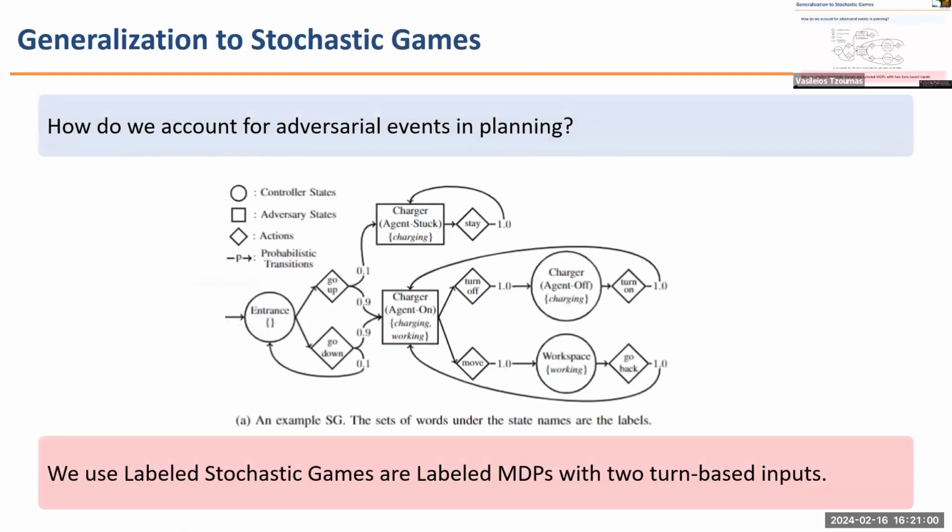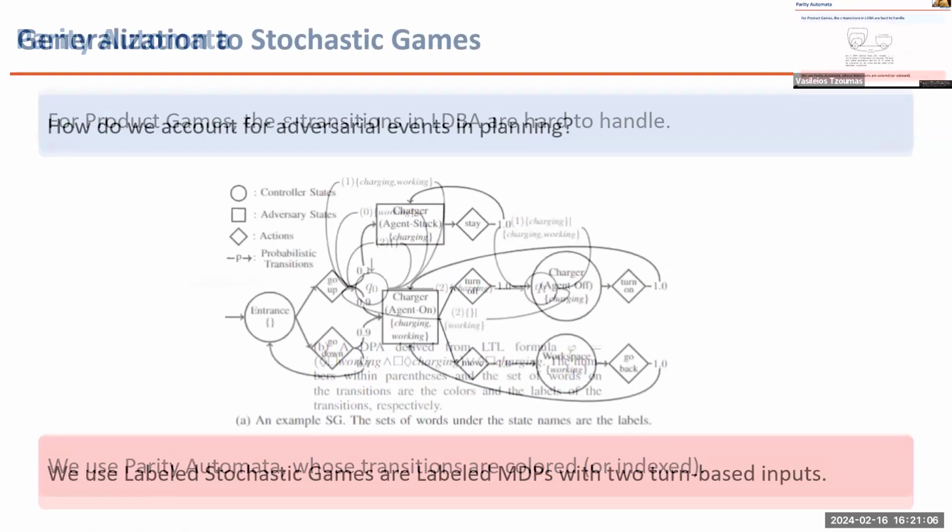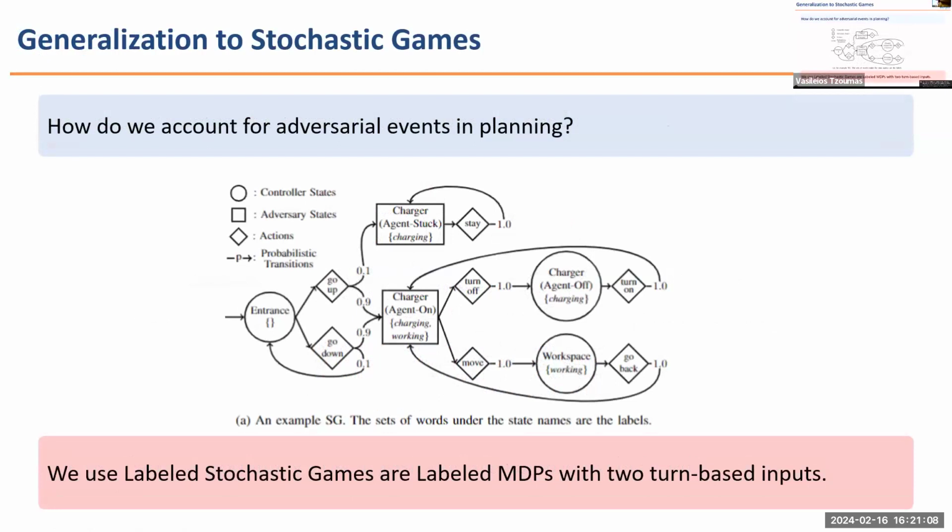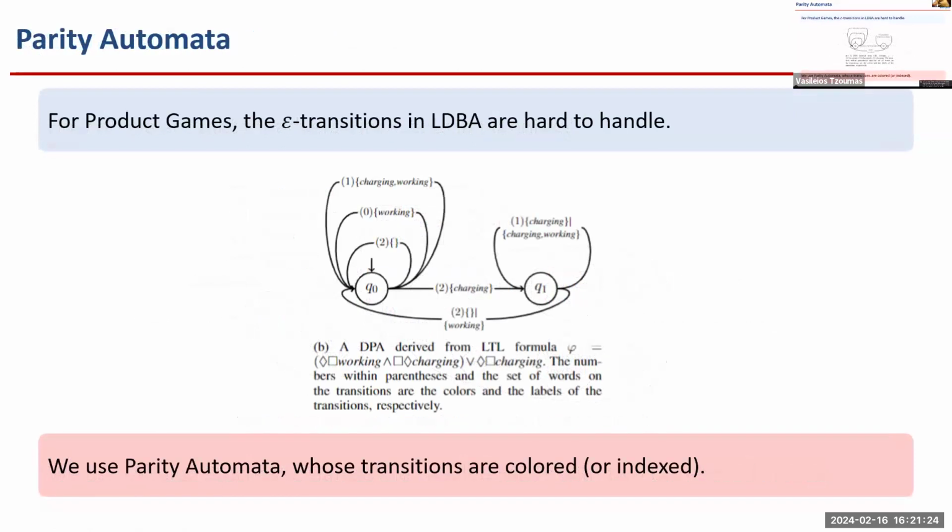We can also generalize this to the game setup. Instead of an MDP that only has one input, suppose I have two players in this Markov decision problem, and they take actions by turns. Then how do we solve that problem? We can basically follow the same procedure, but there are some technicality issues with the choice of automata.